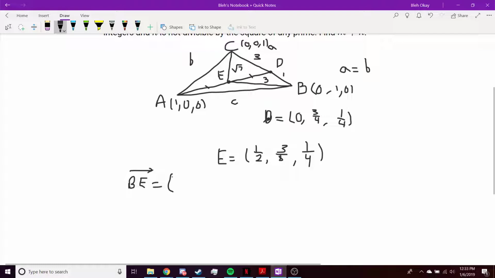So this would be the same as, say, E minus B, vector-wise, right? So we're just subtracting the coordinates. So 1/2 minus 0 would be 1/2 here. 3/8 minus 1 would be -5/8. And 1/4 minus 0 is just 1/4.